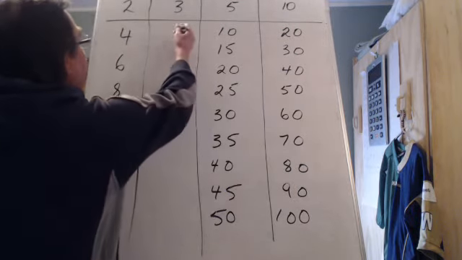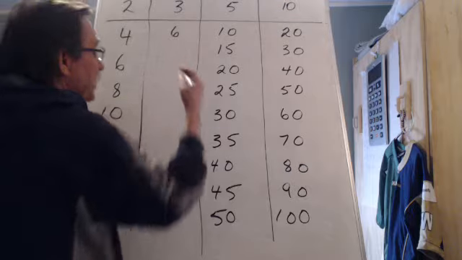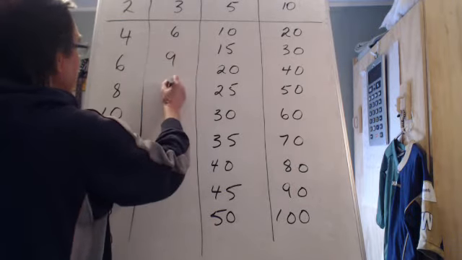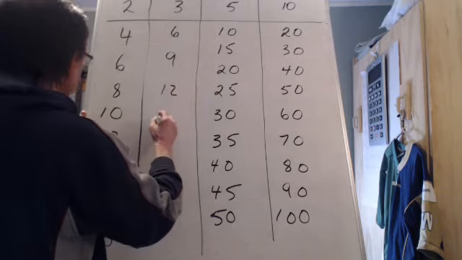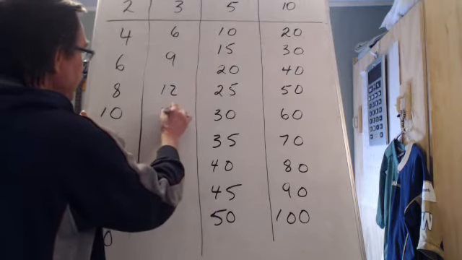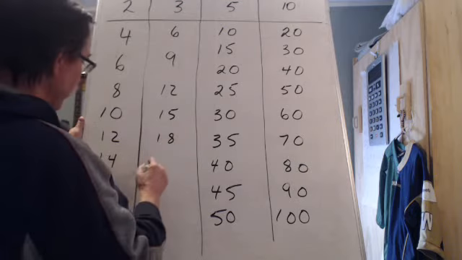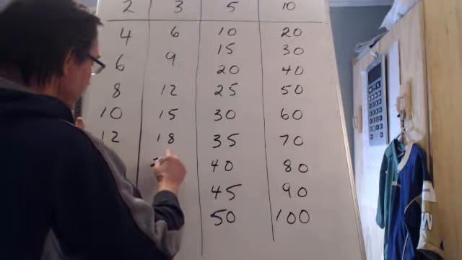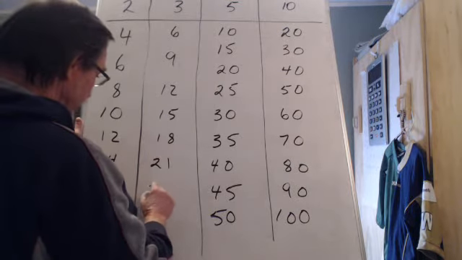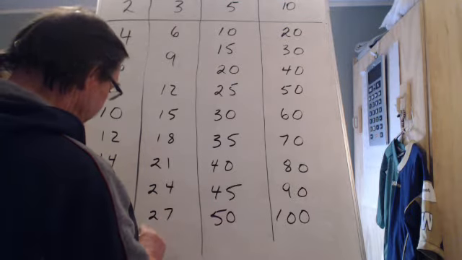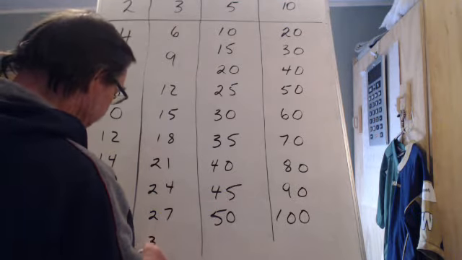So 3, 6, I'm counting by 3s, 9, 12, 15, 18. I got to make sure I don't make a boo-boo here. 21, 24, 27, and 30.